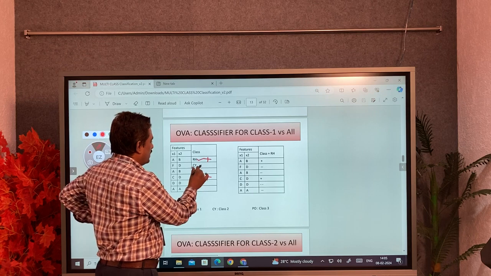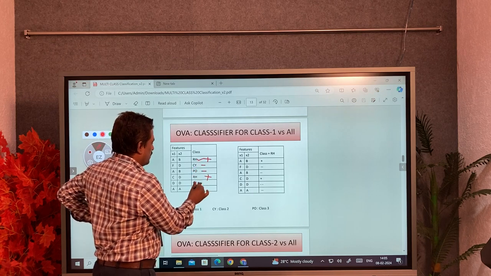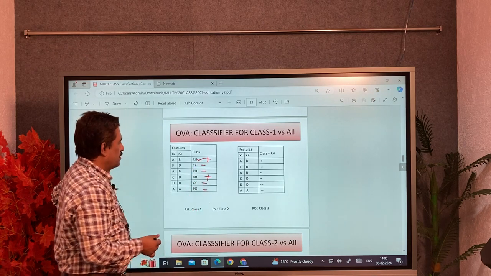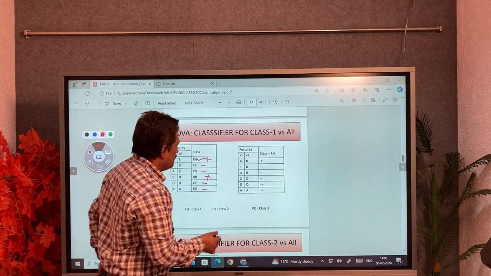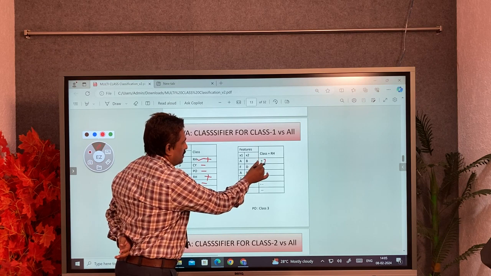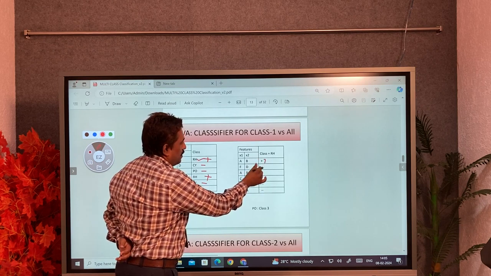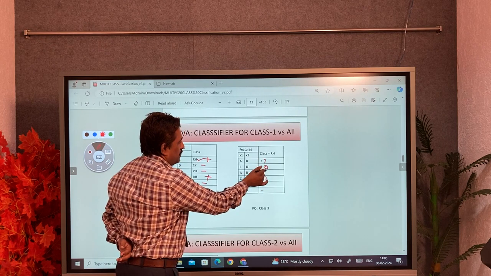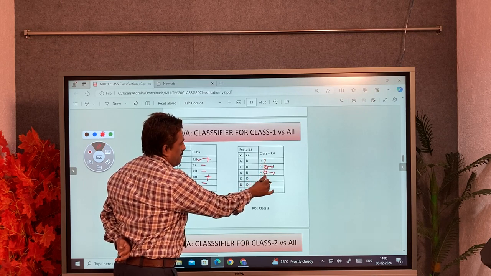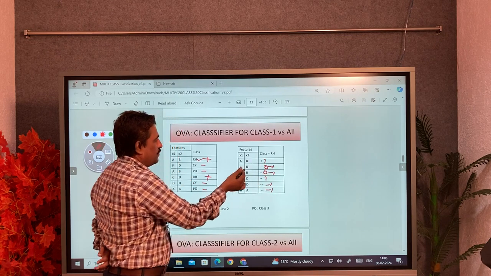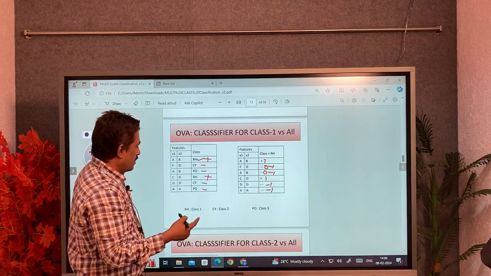All other shapes are treated as minus or -1. This is how you modify the training data set. Now it is resolved as either class 1 or not class 1. So plus 1 means class 1, minus 1 means it is not class 1.